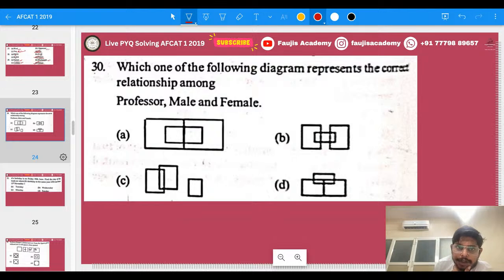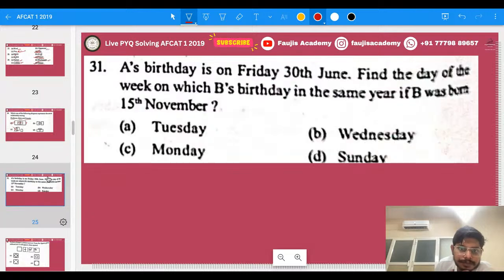Professor is to male and female. All your professors will be either male or female, right? So which one will we go ahead with? This is your professor, this is your male, this is your female. Question number 30, A will be the answer. That's correct. Okay. Quickly, let's move.